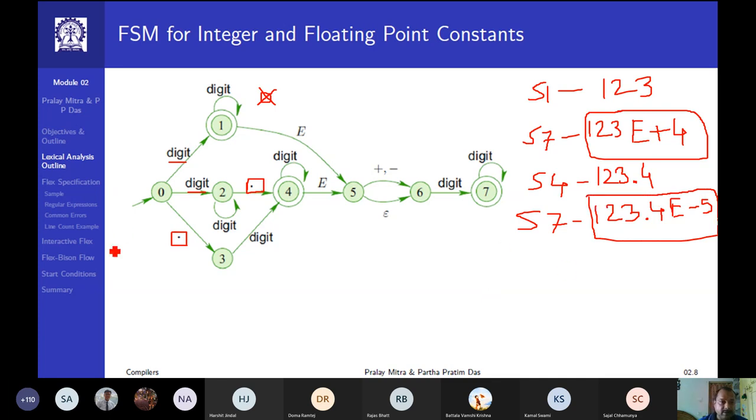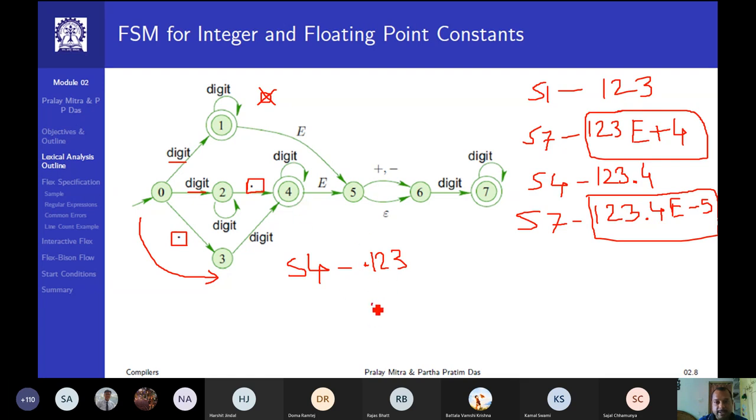Now the third option is following this path. When the number will be something like, say, decimal point 1, 2, 3, or after the decimal point I have one digit, I will go to state 4, and any number of self loops can give you some number, and this is my S4.